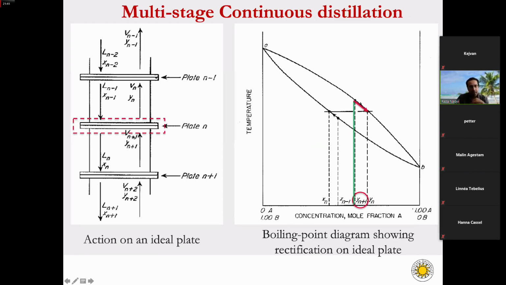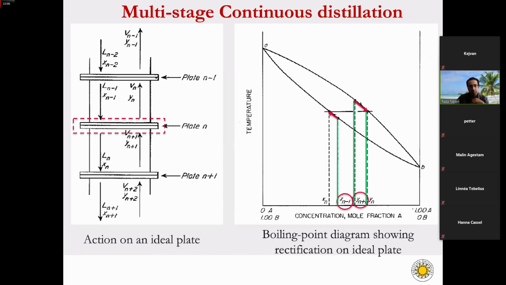The vapor will be entering from plate n plus 1, so we can call it Vn plus 1, and the mole fraction of the more volatile component in the vapor phase we denote as Yn plus 1, right? So they are coming with Yn plus 1 mole fraction, and the liquid is entering with a mole fraction of Xn minus 1.